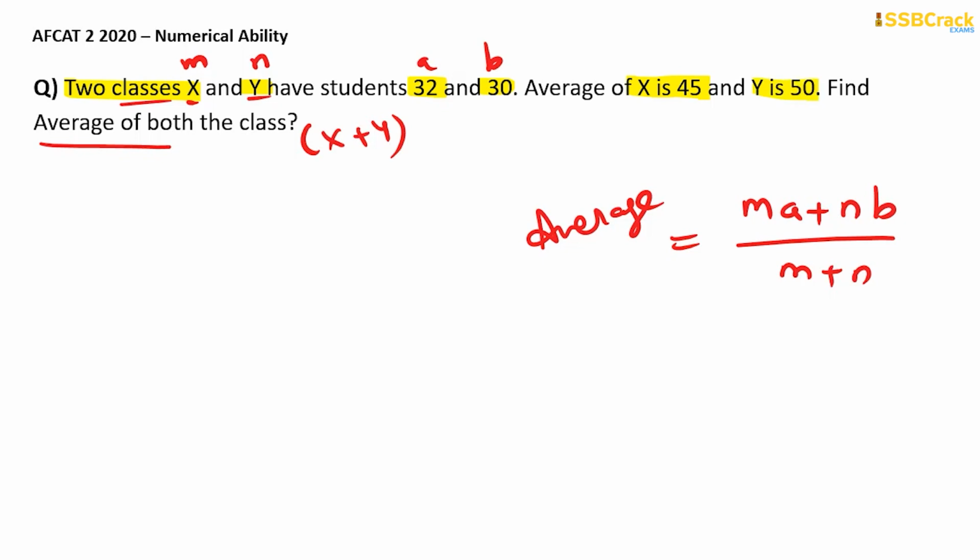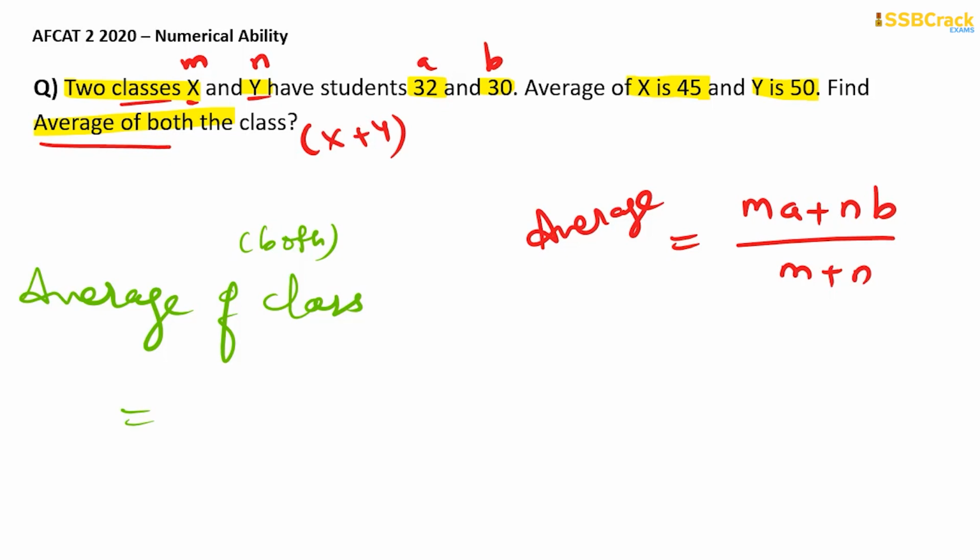We shall calculate the average of both classes together, that is the average of X plus Y. We shall write that formula once again, average of both classes by the formula MA plus NB by M plus N, wherein we note what M, N, A and B are.